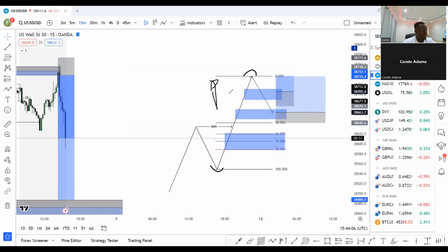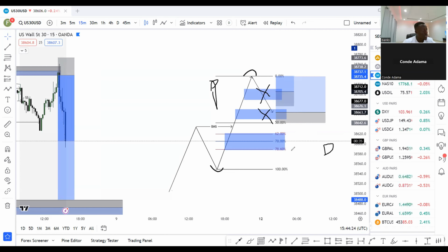You understand? And what do we do? We only sell in a premium price, then we buy in a discount price. You need to wait until price comes to this discount zone before we start buying. So right now we are going to ignore this demand and also ignore this demand.